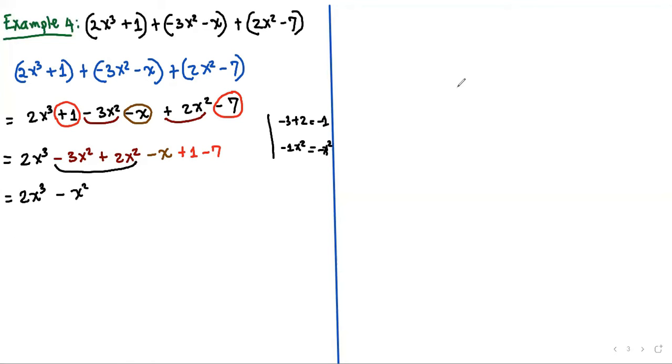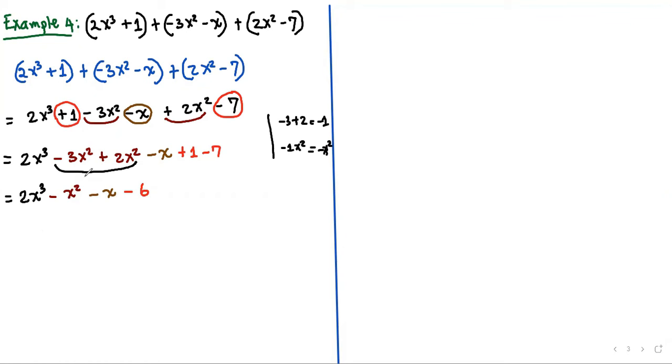Okay, let me use the same color to write this one. It will be much clearer. So minus x squared. Then we have minus x. And then we have got 1 minus 7, which is minus 6.